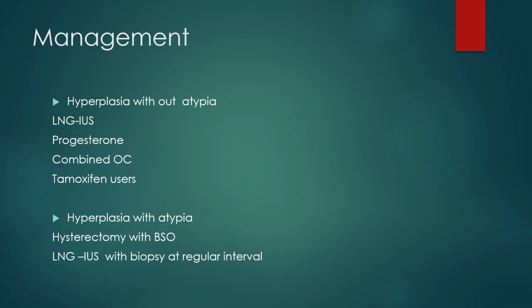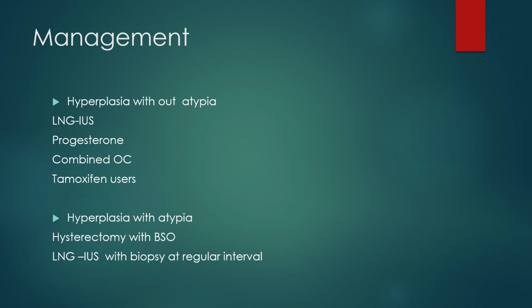Women without atypia can be treated with progesterone. LNG intrauterine system is the first choice, which has more advantage, more regression, and a more acceptable bleeding pattern, and hence is recommended by the RCOG as a first line measure for treating hyperplasia.